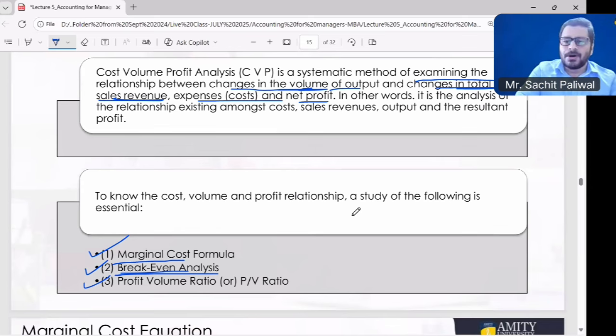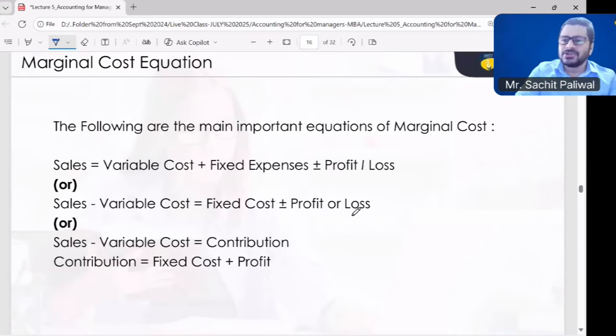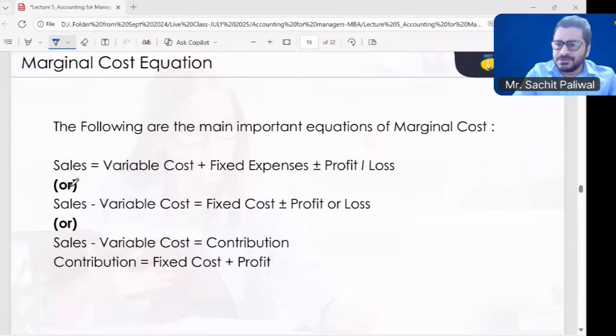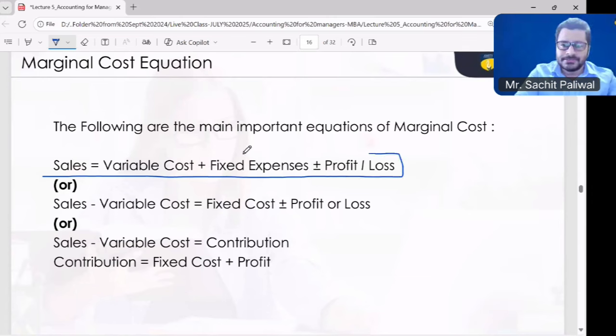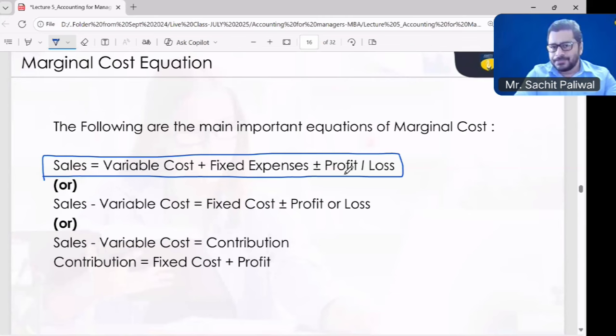So first of all, we'll talk about the marginal cost equation. You have to remember the one line equation. Sales is equal to variable cost plus fixed expenses plus or minus profit or loss. If there is a profit, it will be added.